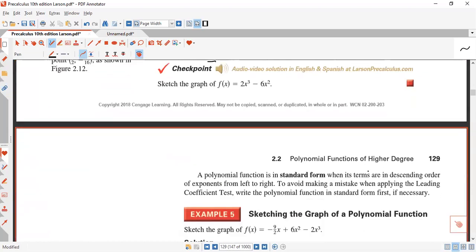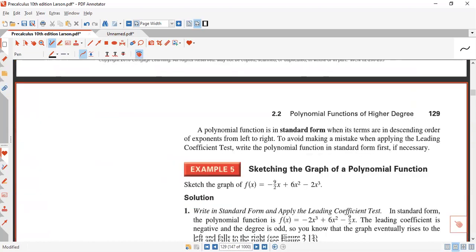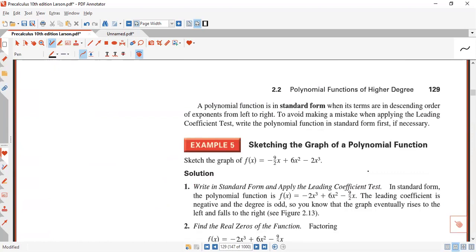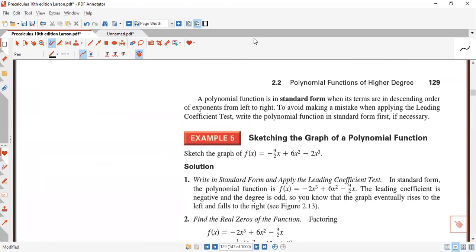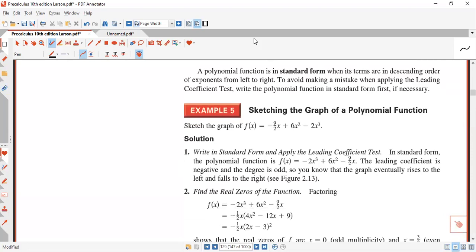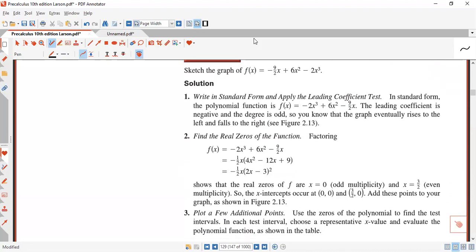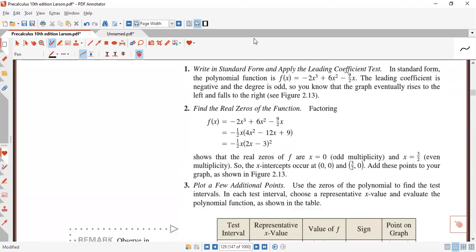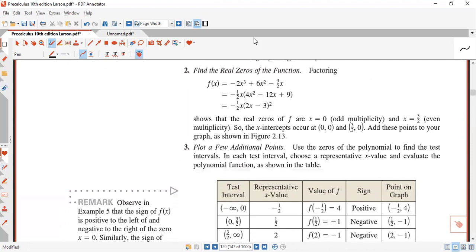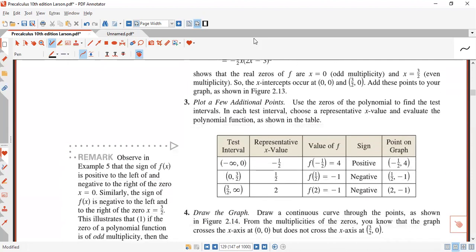So whenever you sketch the graph of a polynomial, you have to follow these 4 steps. You must follow the leading coefficient test, the x-intercepts, and some points in between your x-intercepts. Clear? So there is another example, you may see it.